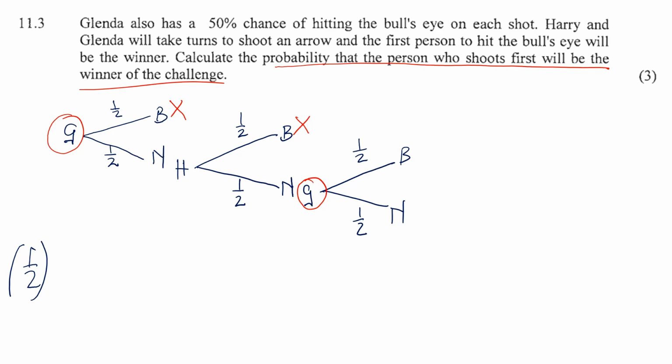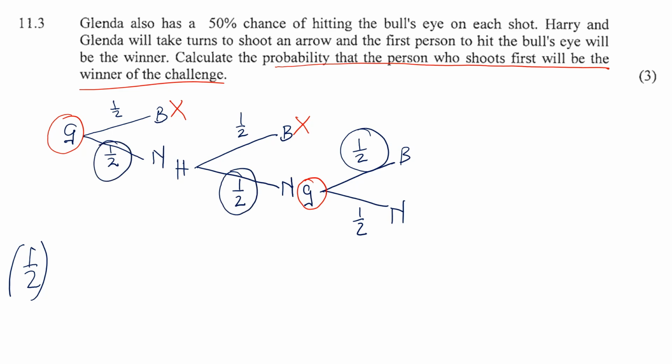In this possibility, we have called Glenda for the second time. What's the probability that Glenda, as our first person, will hit the bullseye? It's not just 1/2, because there are things that have happened previously.